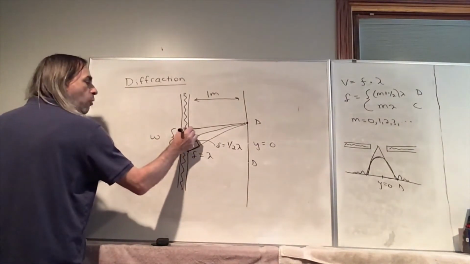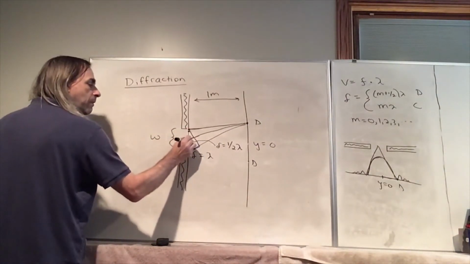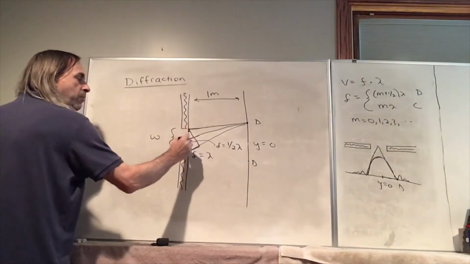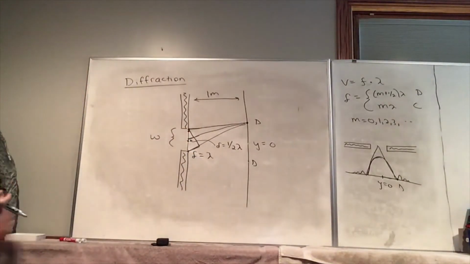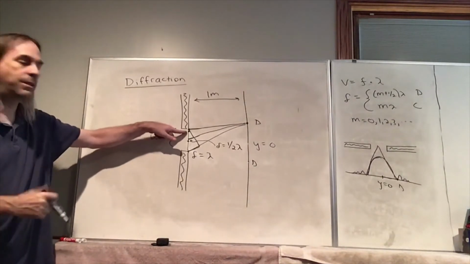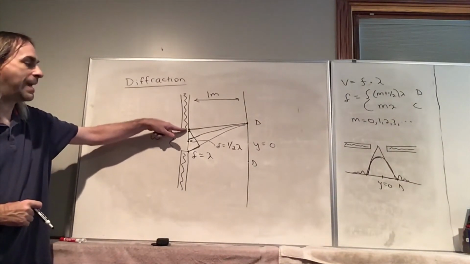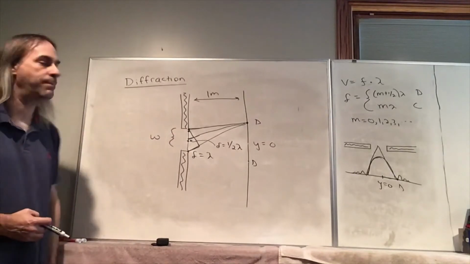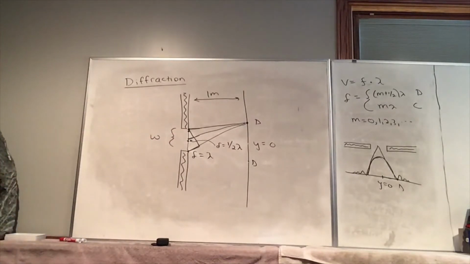Now, if we look at a point just beneath each of these, the path length difference between these two is also, this point is a certain distance below the top point, and this one is that same distance below the midpoint. They're going to also be out of phase.